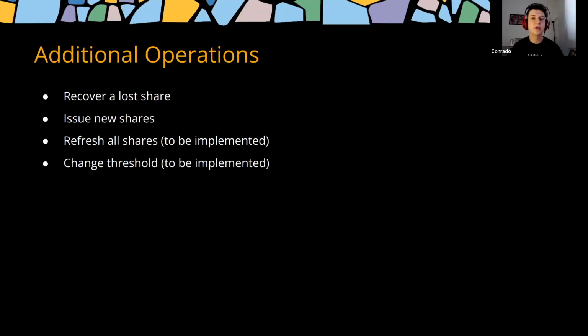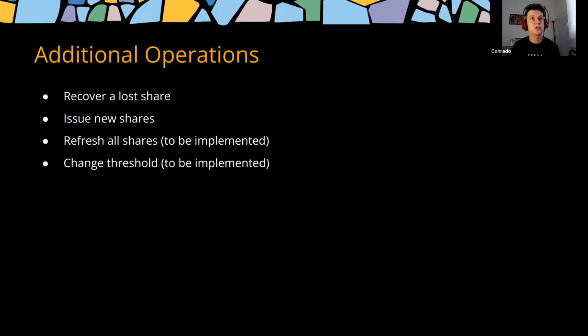Okay, so you can create a key and sign with Frost, but there are also some additional operations that are supported. You can recover a lost share. For example, if you have a Frost share on your phone and you lose your phone, a threshold of other participants can help you recover your share. You can issue new shares if you're managing some funds and a new person comes in to help manage them.